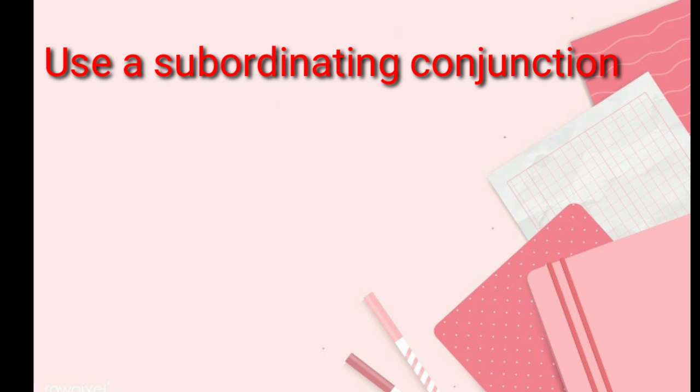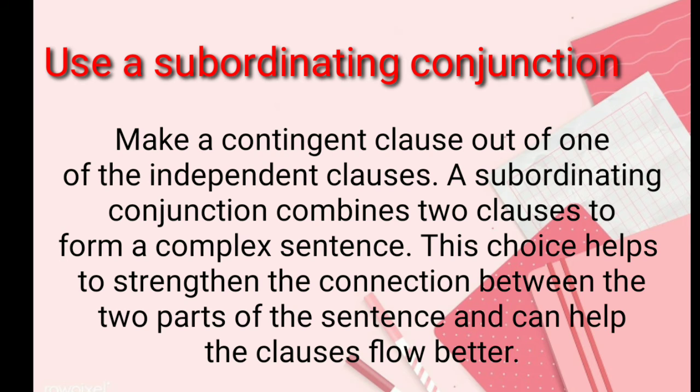And lastly, to correct a run-on sentence, use a subordinating conjunction. Make a dependent clause out of one of the independent clauses. A subordinating conjunction combines two clauses to form a complex sentence. This choice helps to strengthen the connection between the two parts of the sentence and can help the clauses flow better.